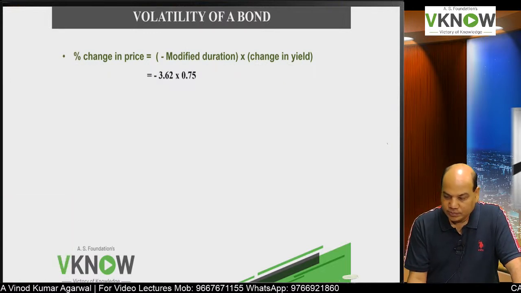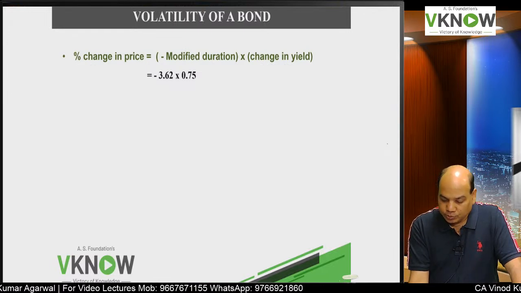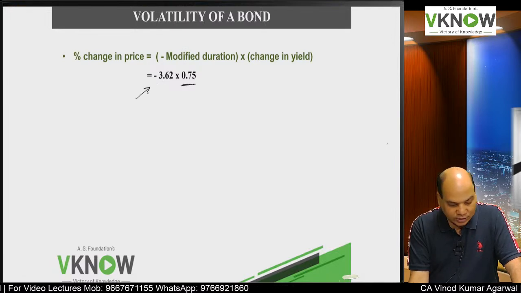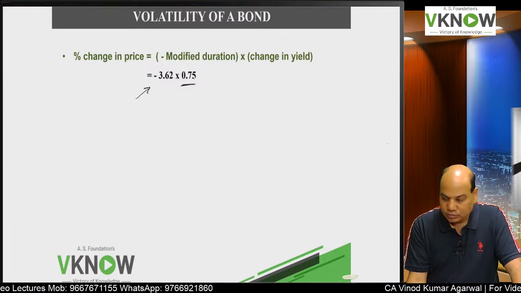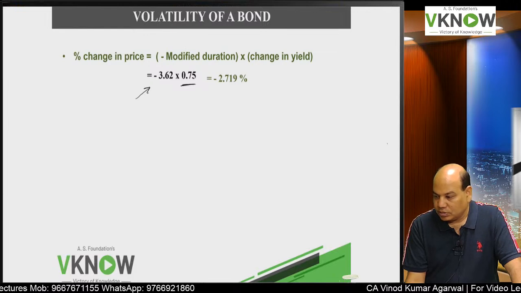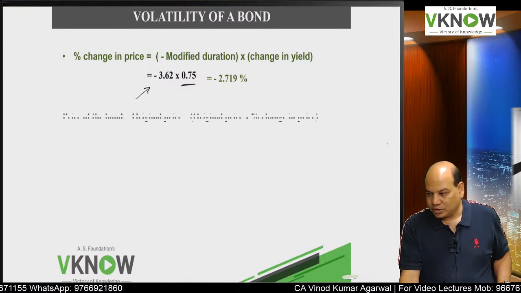Modified duration is 3.62. I'll put a minus sign here because the bond price will fall, because yield has increased. If yield increases, bond price will fall. So bond price will fall by 2.719%.